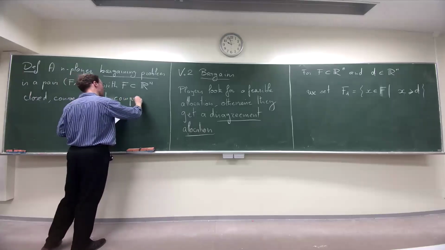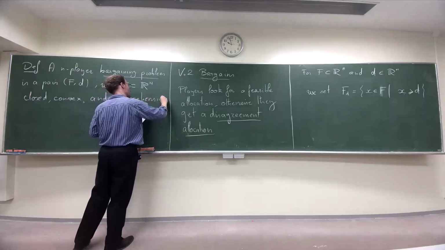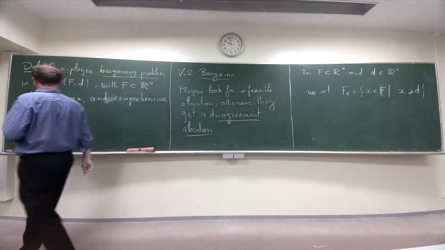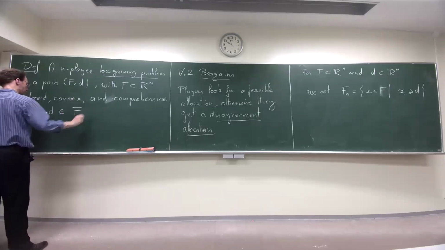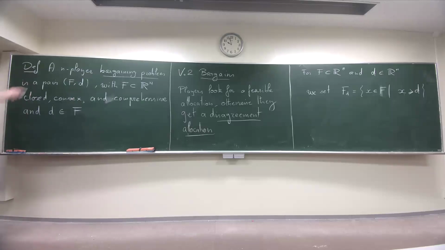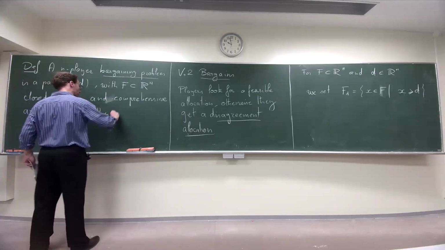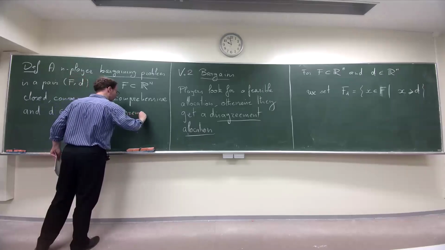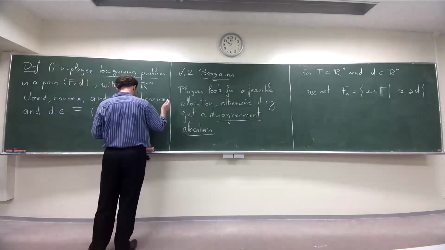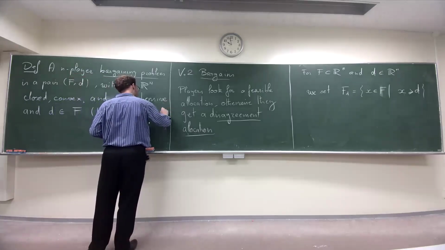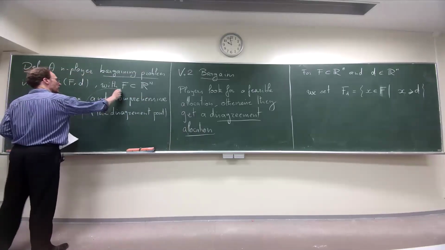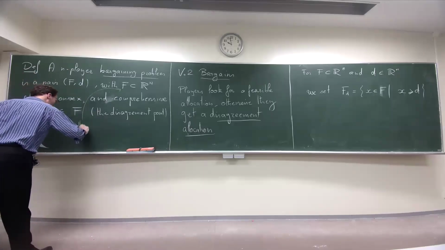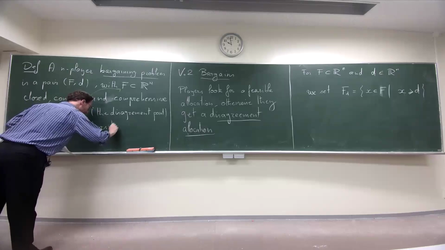Now, I'm sure you have done a few pictures, so you know what it means. And D is a point in F. In the previous definition it was arbitrary, but now I take D in F, and it's called the disagreement point. And F is called the feasible set.